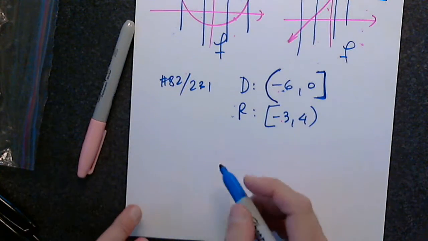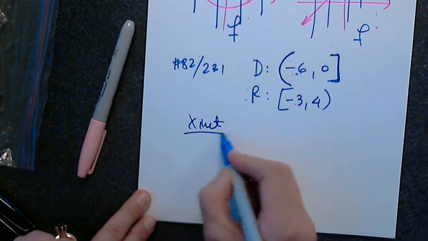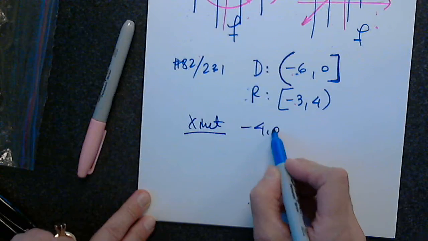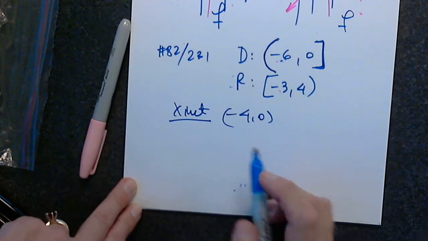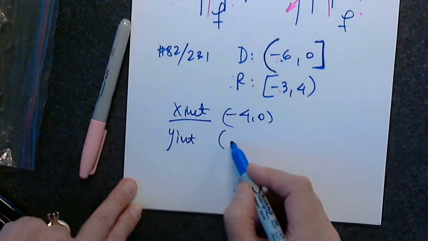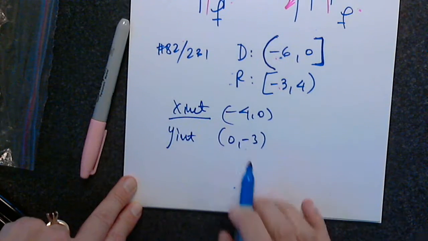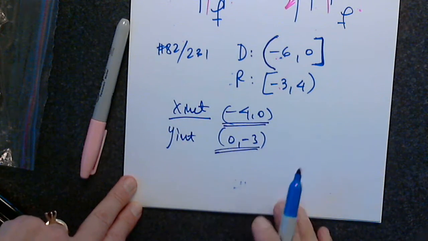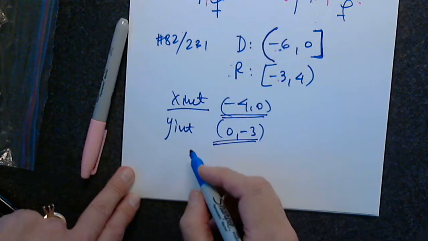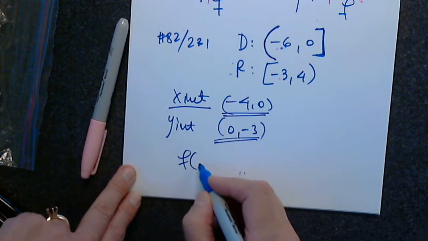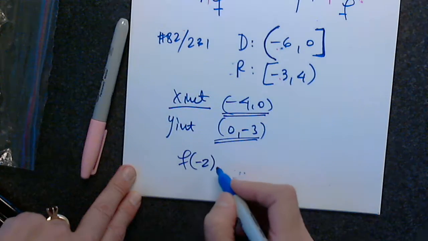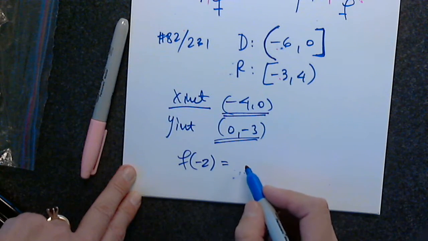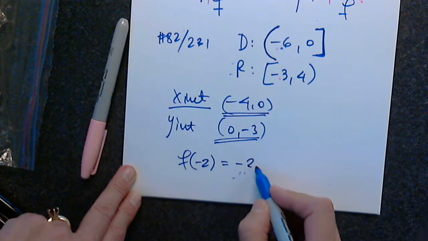Then we said that x-intercept, you gave it to me as -4, comma 0. Then you gave me the y-intercept as 0, comma -3. These are not intervals. These are points. And then you said that f of -2, I think it was, yes, is -2.2.